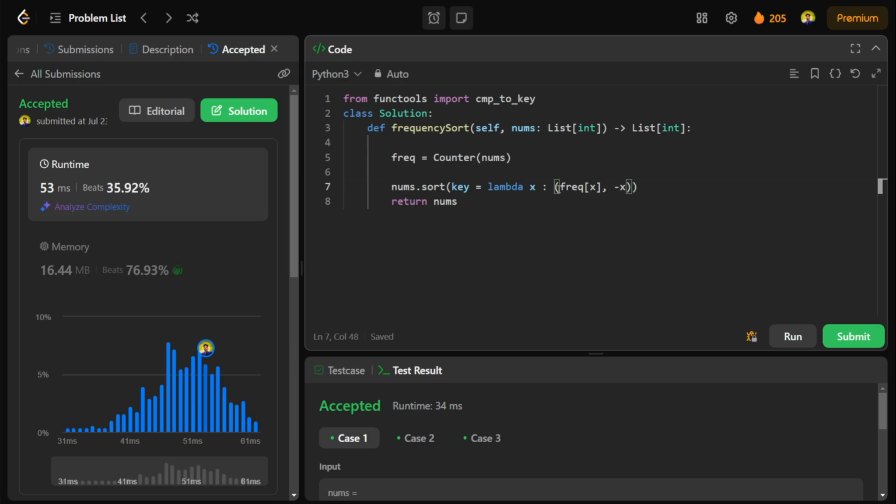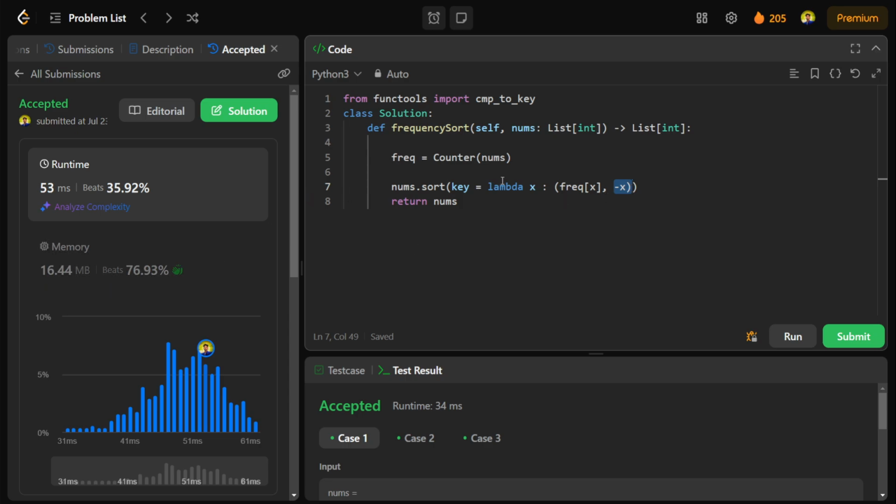Whenever the tuple is compared, by default it is compared based on the first value. Whoever has the smaller frequency will come first, as in a normal sorting method. Whenever the frequency is the same, it moves on to the second value.